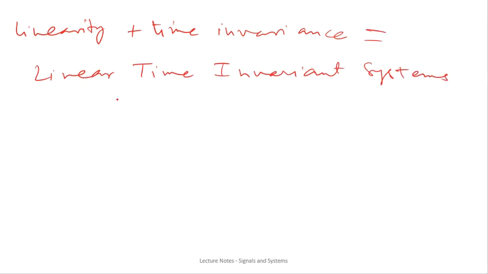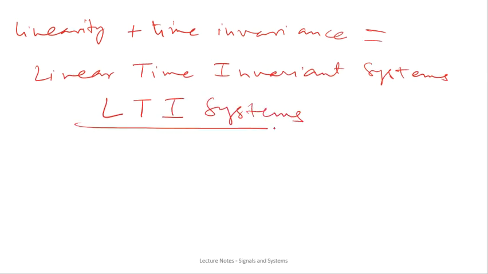In short they are called LTI systems. LTI systems are an important class of systems, both in continuous time and in discrete time.